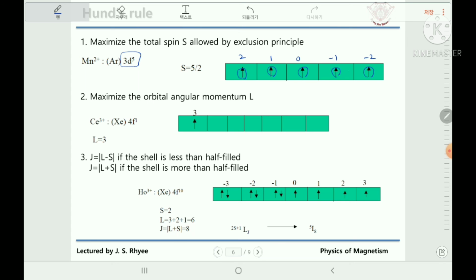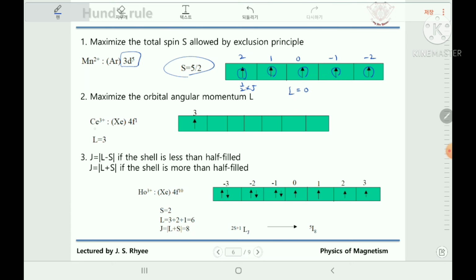In this case, all orbitals are occupied by single electrons. The total angular momentum is 0, because the summation of 2, 1, 0, minus 1, minus 2 is 0, and each electron has spin 1/2 times 5 electrons. Therefore, the total spin is 5/2.